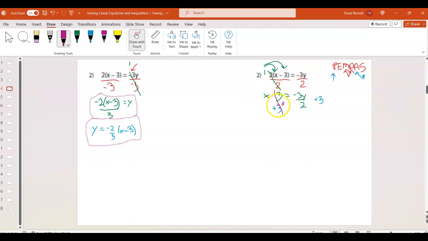And x plus 0 or x minus 0 is just x. And over here on the right, I can go ahead and split that up into a fraction. Negative 3 over 2 y plus 3.